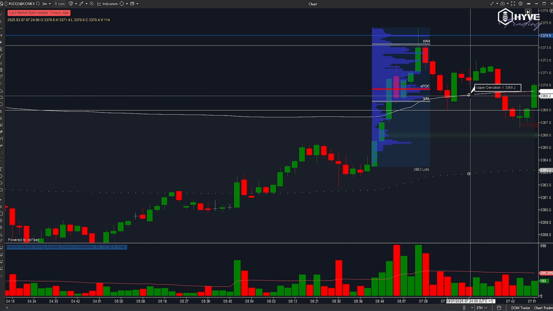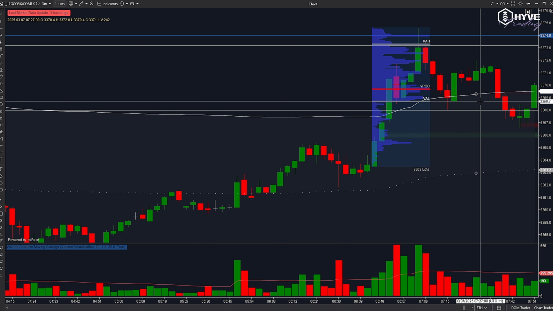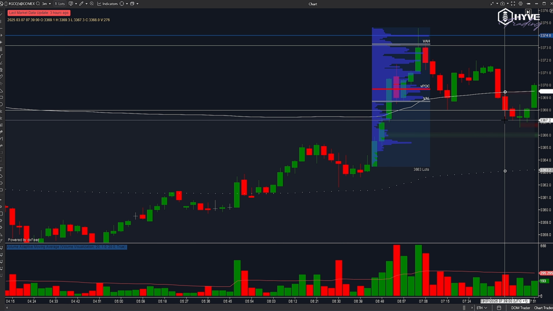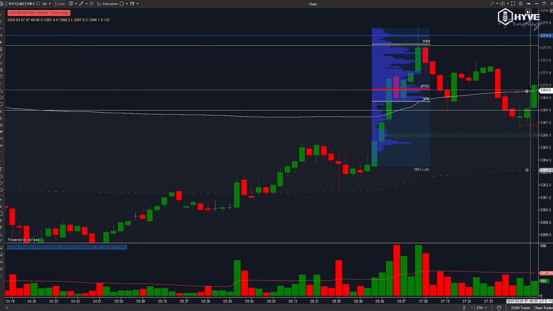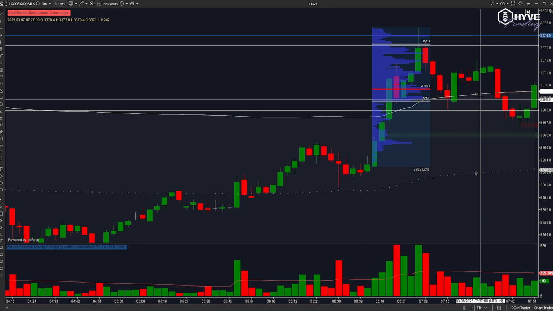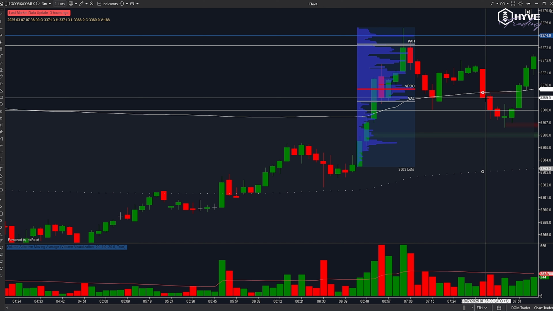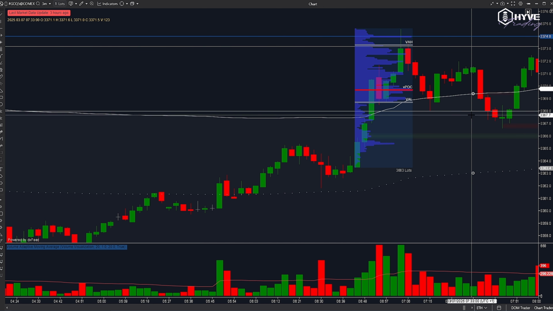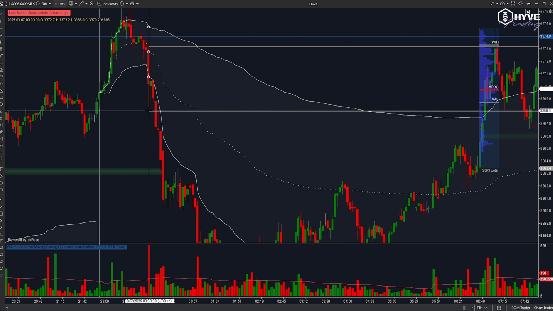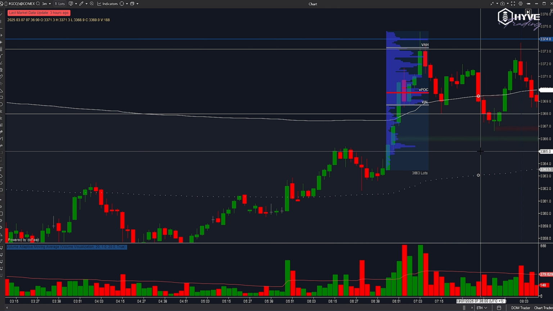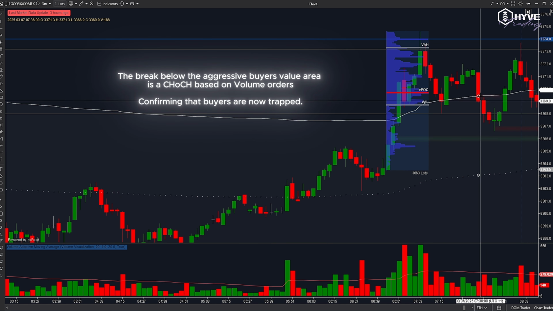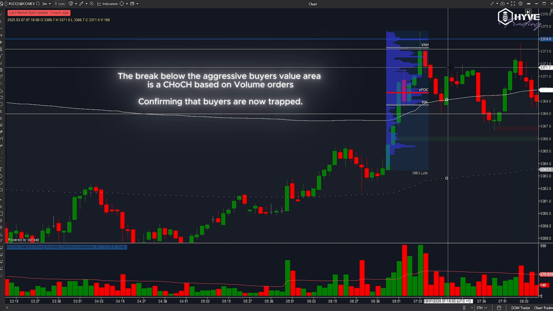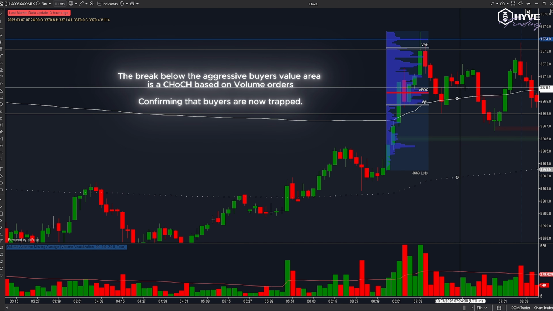Now, this was our first clue that sellers were defending prices, and also they were shifting value lower, because you can see they broke back below the upper standard deviation band for the VWAP, right? So you can see they pushed price down below the value area low as well as below the selling climax low. This is very aggressive action from the sellers. They were willing to step back in and defend this area.